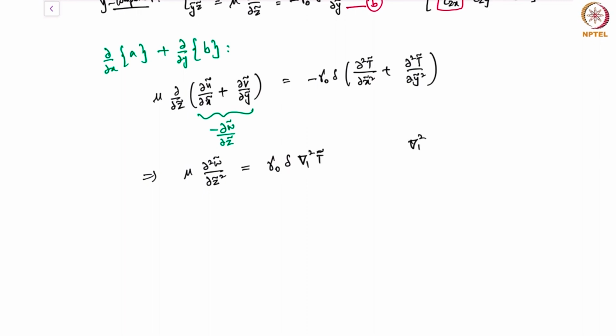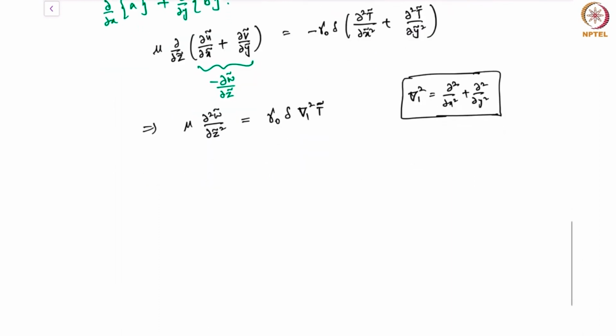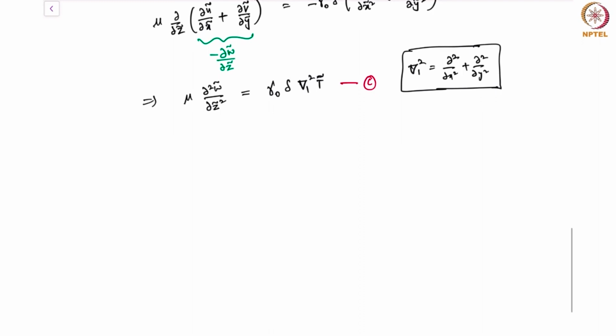Recall that del 1 square is nothing but the del square by del x square plus del square by del y square operator. So this is an important result. Let's call this equation C. Now this equation C is at z is equal to d.